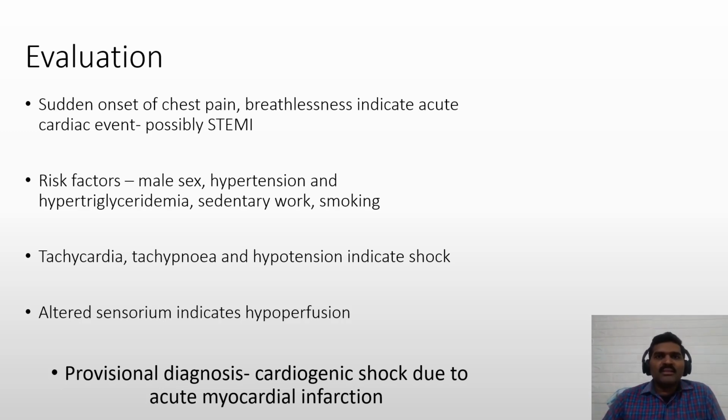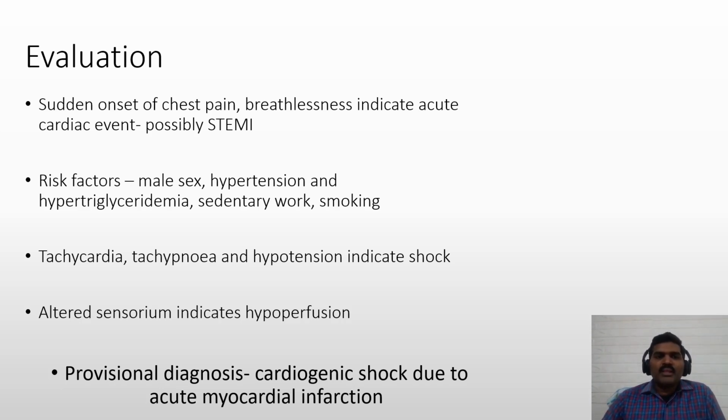Hypertension and hypertriglyceridemia are the modifiable risk factors in this patient, and the history says he is an office clerk. Office clerk means he would be sitting from 9 to 5 continuously, a sedentary job. Unless he does some physical activity in the evening, he should be considered a sedentary worker. So sedentary work, you all know, can lead to acute myocardial events, and smoking is also a risk factor for the development of myocardial infarction.